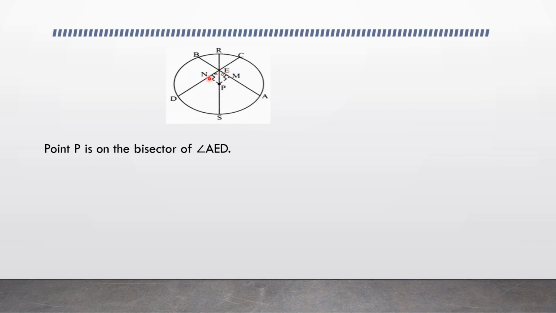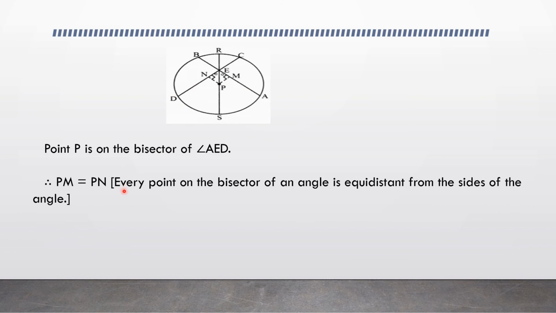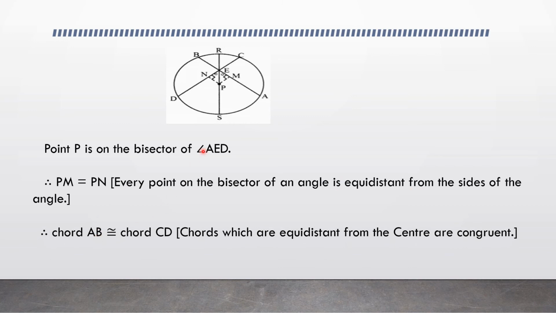Therefore PM is equal to PN, because every point on the bisector of an angle is equidistant from the sides of the angle. Therefore chord AB is congruent to chord CD, because chords which are equidistant from the center are also congruent. Therefore AB is equal to CD, because of the lengths of the congruent segments.